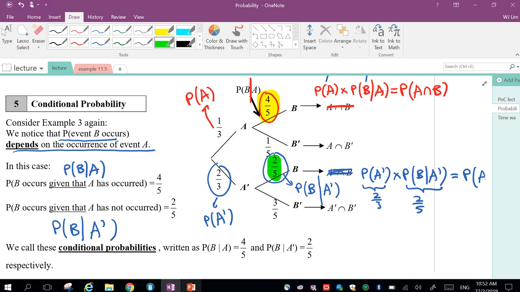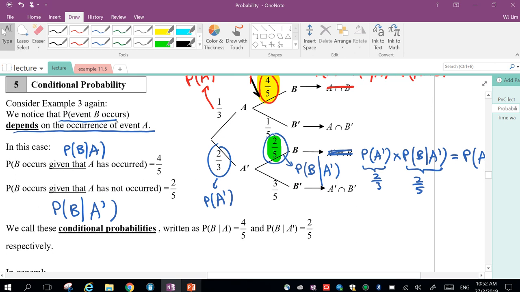Can you see a pattern now? These are all conditional probabilities.